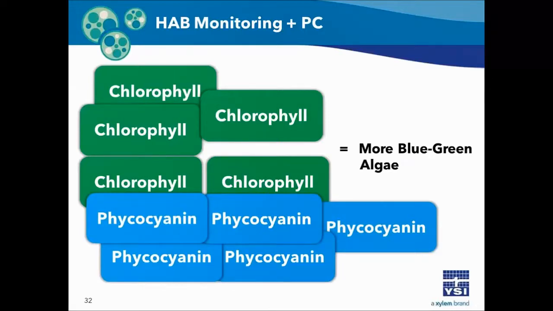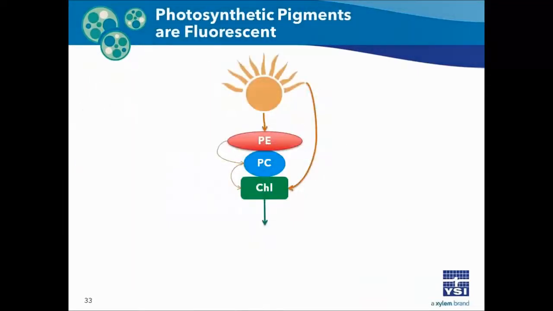And that really can help you to understand if you have some of those potentially toxic algae in your freshwater system. So the reason that works is because these pigments are what we call fluorescent pigments. They directly absorb some of that light from the sun, and they also indirectly absorb some energy from the other pigments, and I'll talk a little bit more about that.